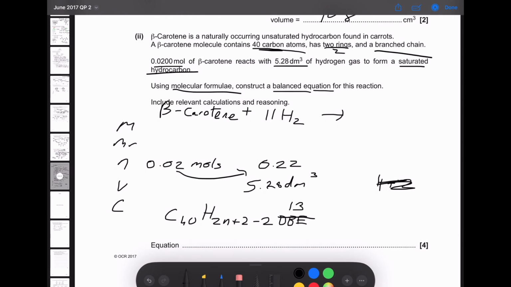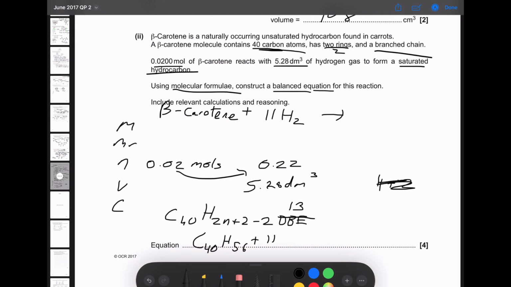So C40, H, so 2 times 40, plus 2, minus 2 times 13, gives us 56, so it's C40H56.